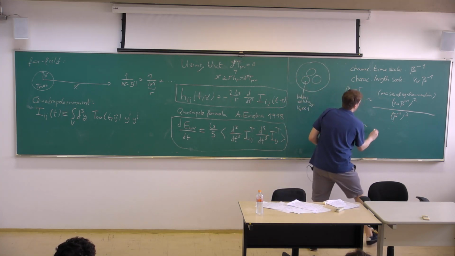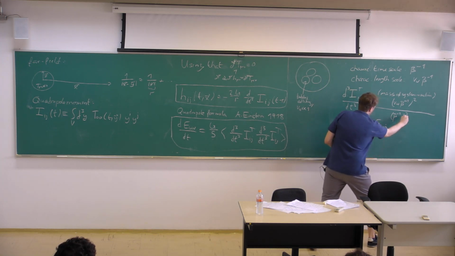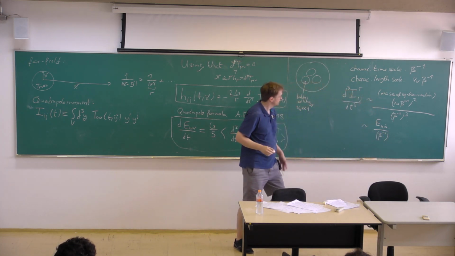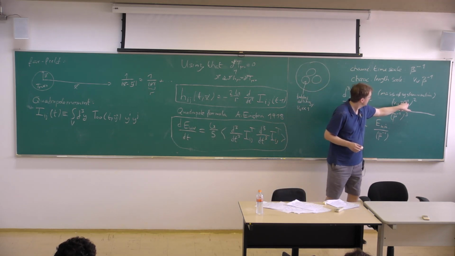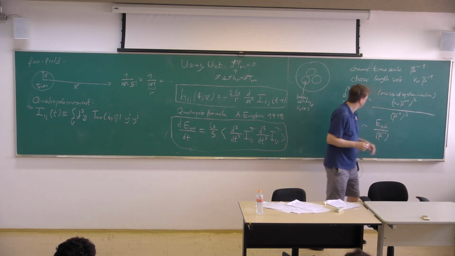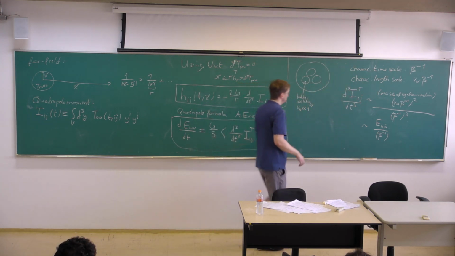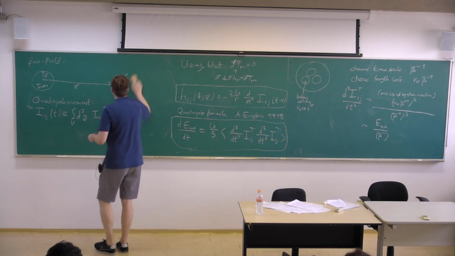So you can write this as energy, and then I still have one beta inverse left. Two beta inverses are cancelled by the beta inverses in the numerator. Okay, so now let's get an estimate for this kinetic energy.